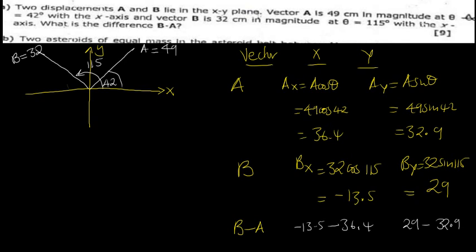So if you found the answer, you can tell me. What is negative 13.5 minus 36.4? No one has found the answer.